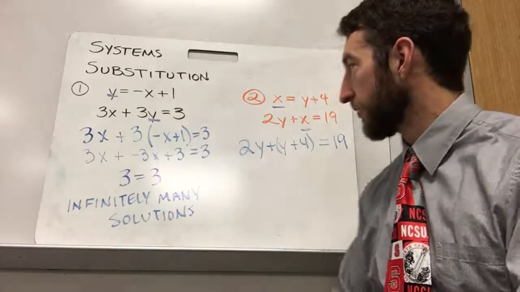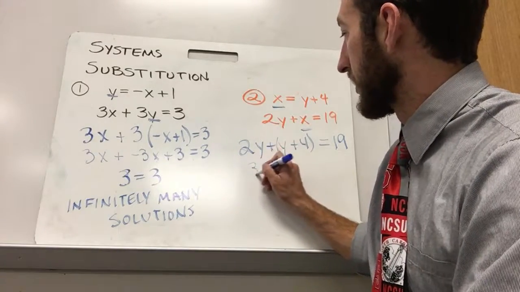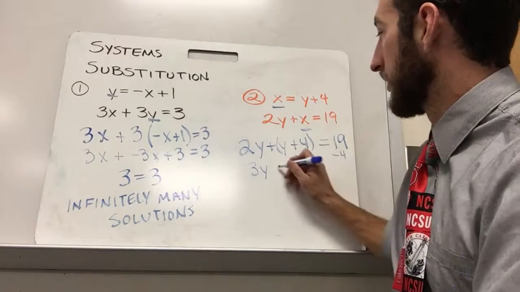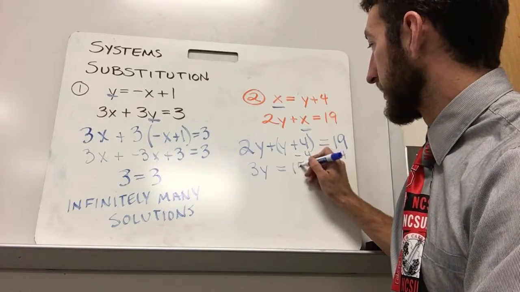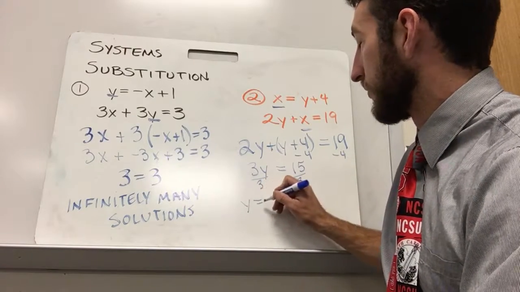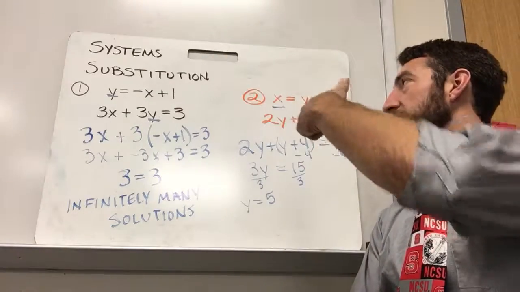Now we combine like terms, distribute, whatever we need to do, and solve. I'm going to combine my like terms, so 3y, and subtract 4 from both sides, then divide both sides by 3, and so I get y equals 5. Now that I have y equals 5, I'm going to sub it back into either equation.